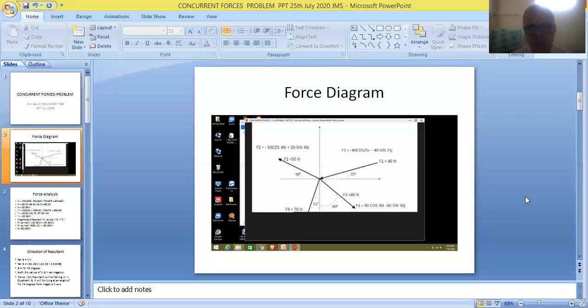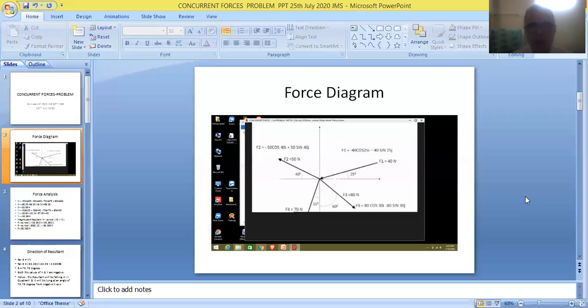We have to talk about definitions, units, notations, and also formulas. Notations are very important for indicating various parameters.